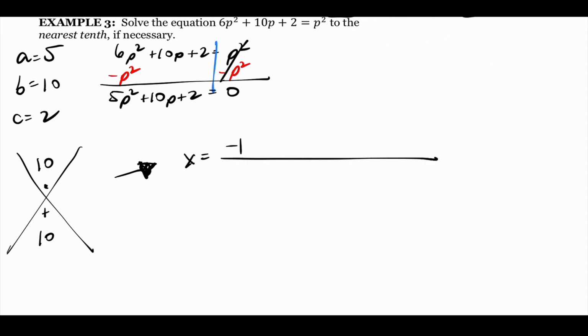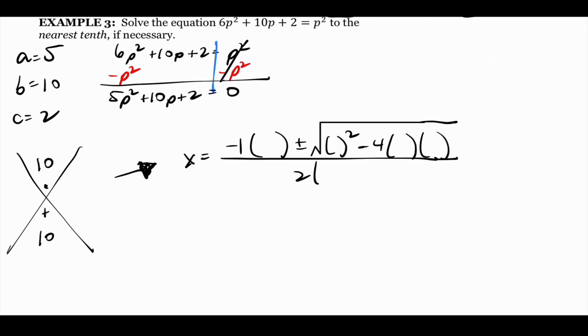Okay, so I get negative b plus or minus the square root of b squared minus 4 times a times c, over 2 times a. So 10 goes here because it's b. It also goes here. 5 goes here, 2 goes here, and 5 goes down there since it's a.